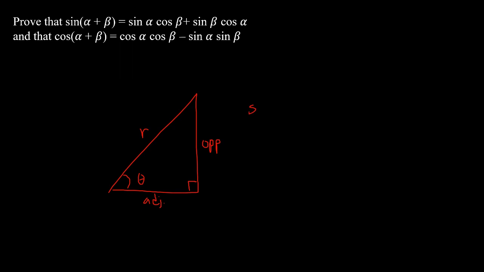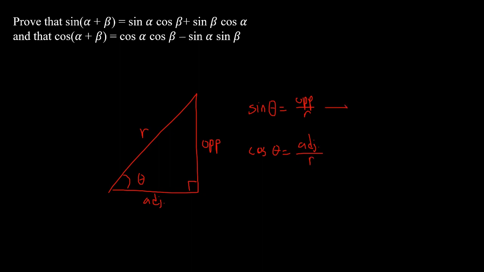So the sine of theta is equal to opposite over hypotenuse, which is just r, whereas the cosine of theta is equal to adjacent over hypotenuse, which is just r.